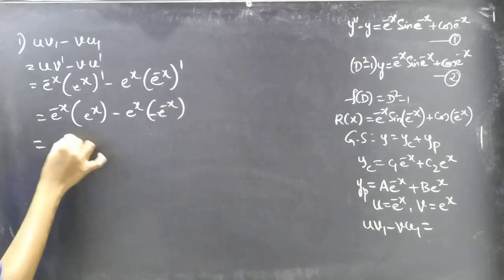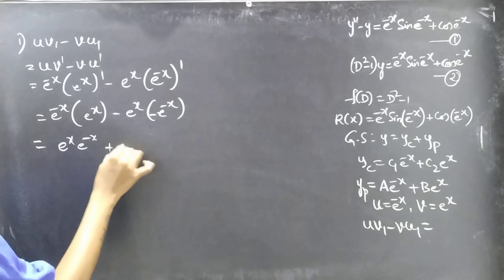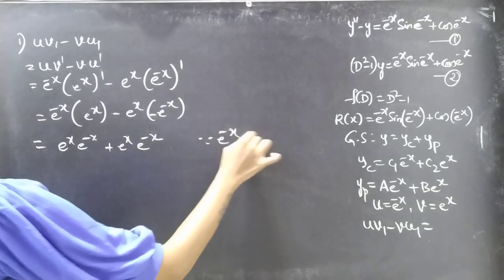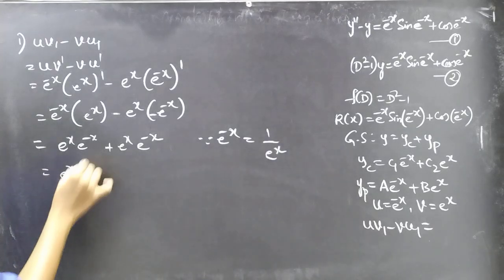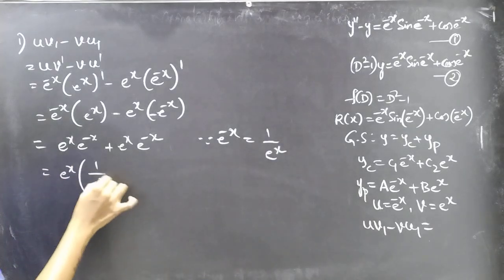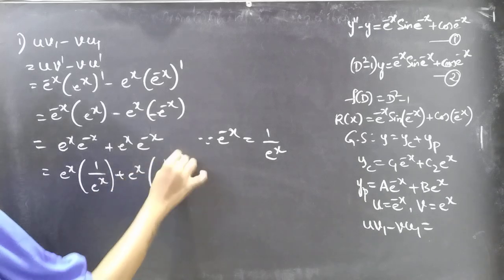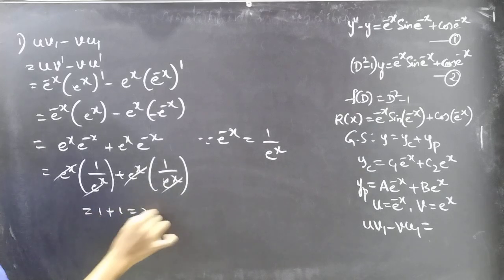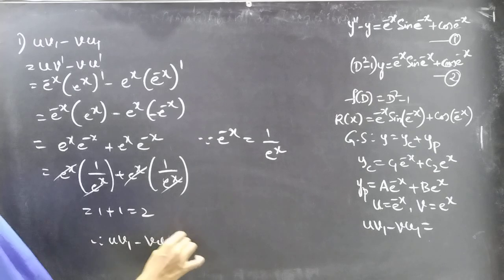This gives us e^x into e^(-x) minus into minus plus e^x into e^(-x). Since we know that e^(-x) is reciprocal of e^x, we can write e^(-x) as reciprocal of e^x in both the terms. Where e^x gets cancelled, you'll get 1 plus 1, 2. Therefore u v1 minus v u1 equal to 2.